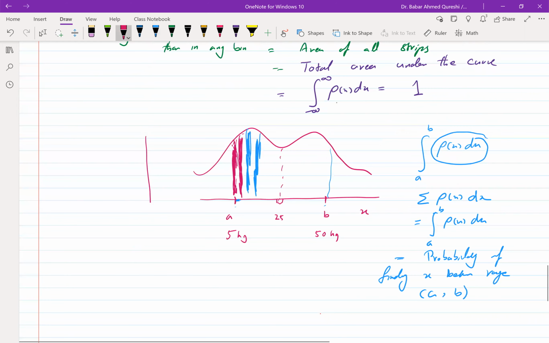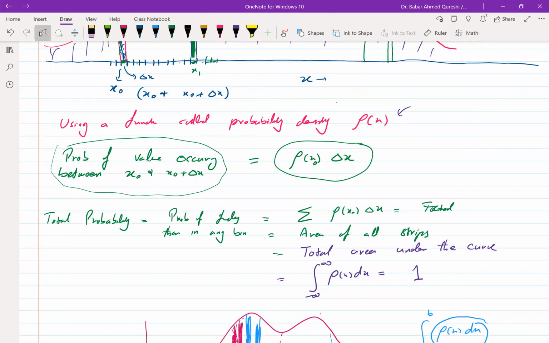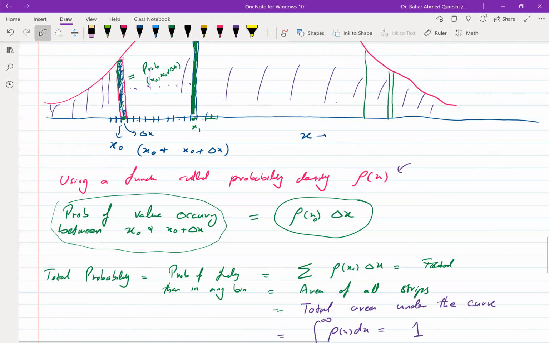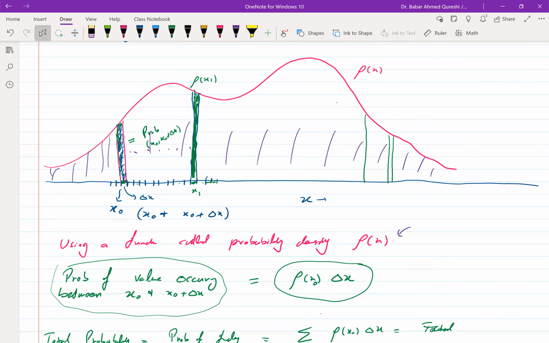Sir, instead of finding the area of a rectangle, would it be better if we find the area of a trapezium instead? What do you mean by trapezium? We could apply the trapezium formula, because otherwise there will be a lot of error. No, there won't be much error. If I make this delta x very small, then there won't be much error.